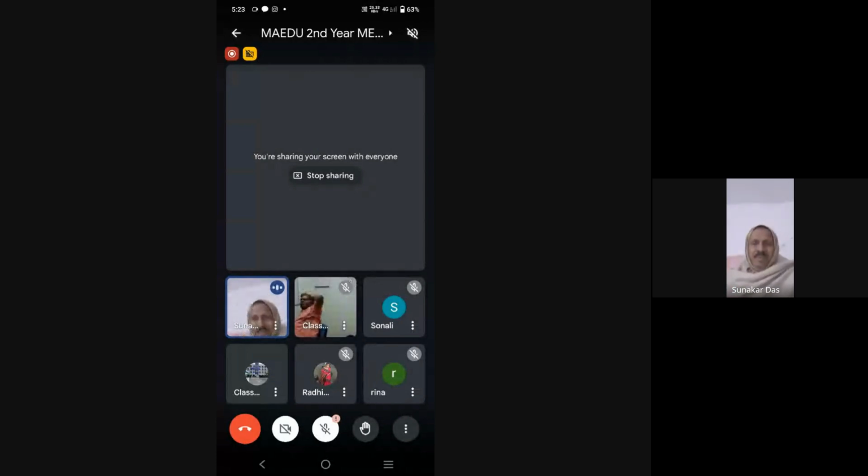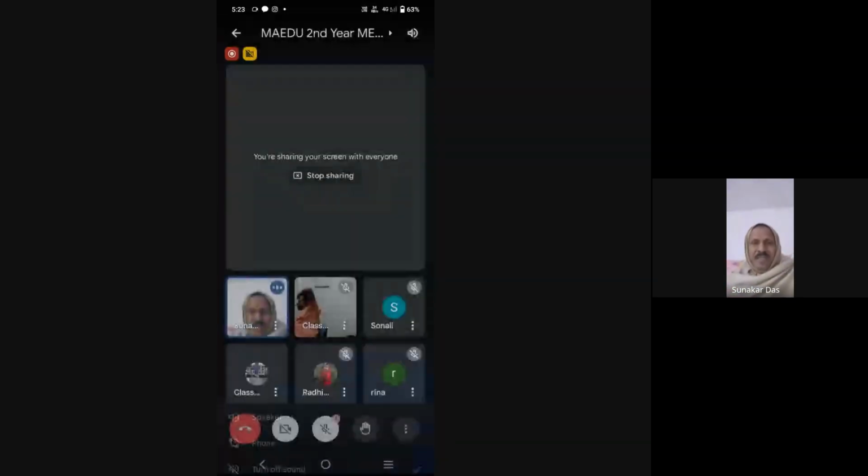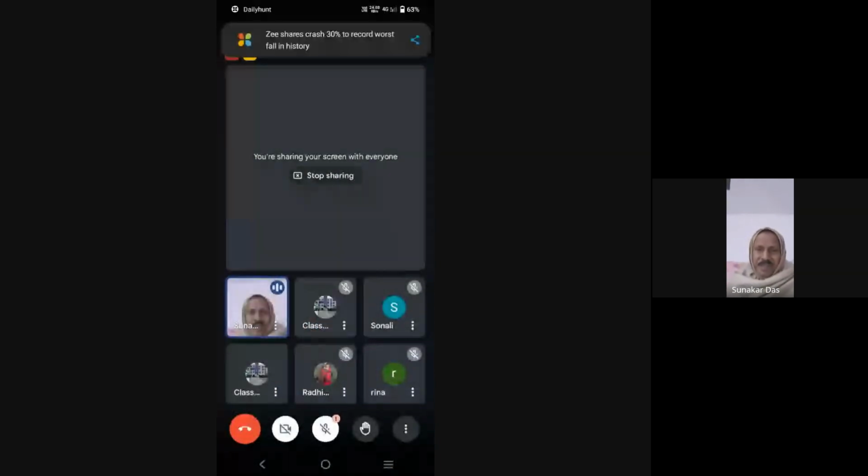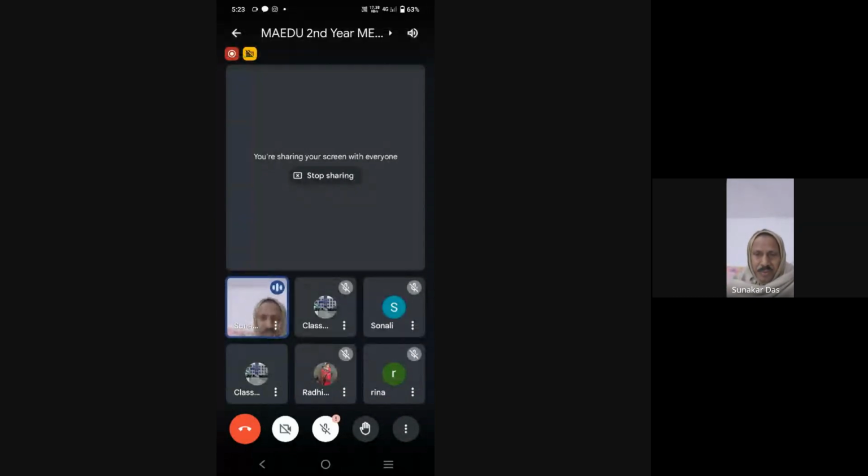Sixth type is audio visual projected motion. This includes film, TV, CC camera, video cassettes. These are very helpful for the students in order to have a better understanding of a particular content. Under the seventh category, that is multimedia packages, it includes a slide plus tape plus workbook.